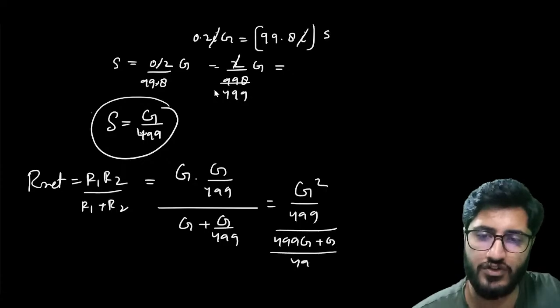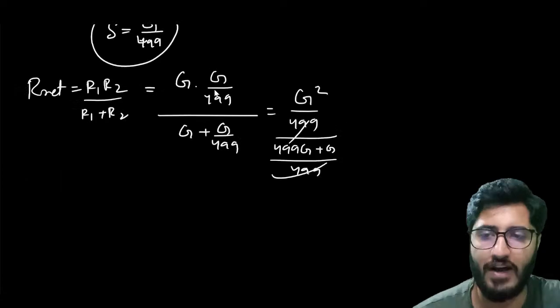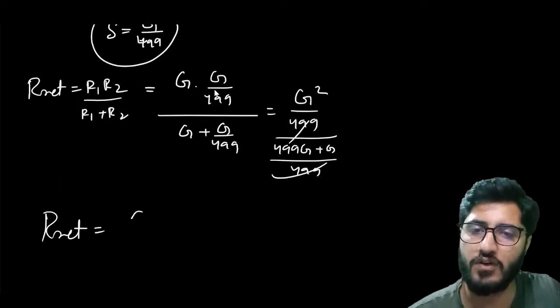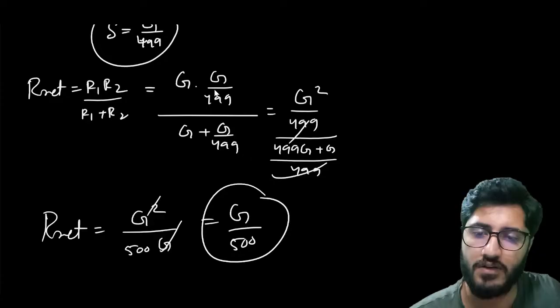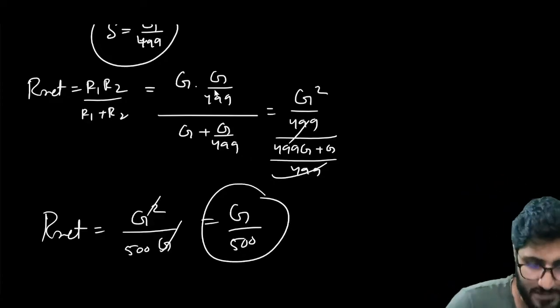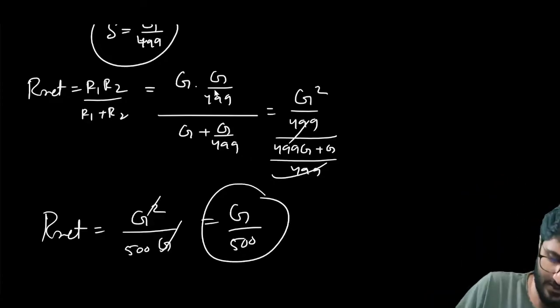Cancel out. So R net is equal to G square divided by 500G. G cancels out. It is G divided by 500. This is my value.